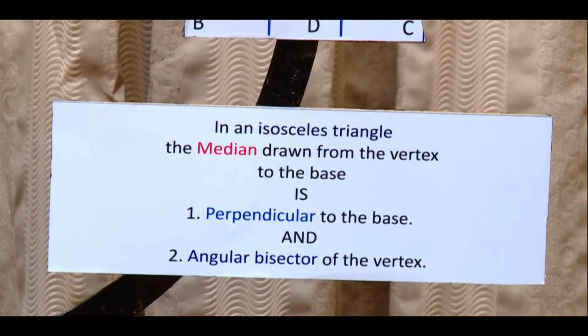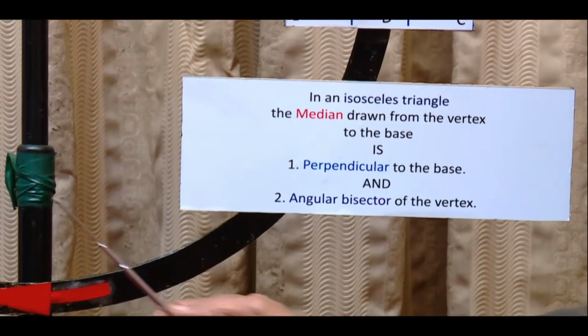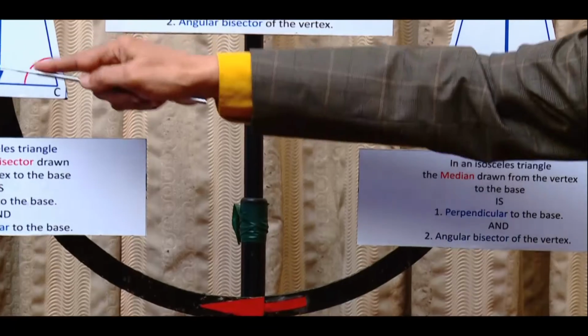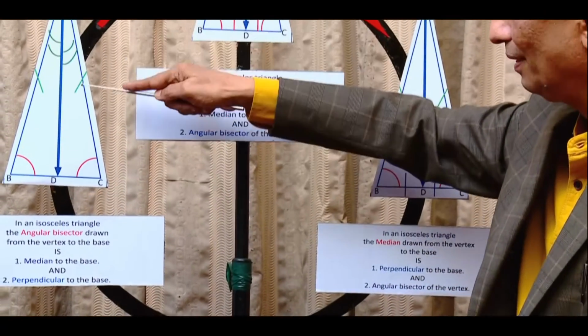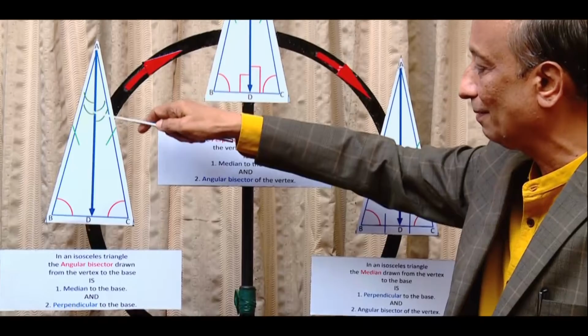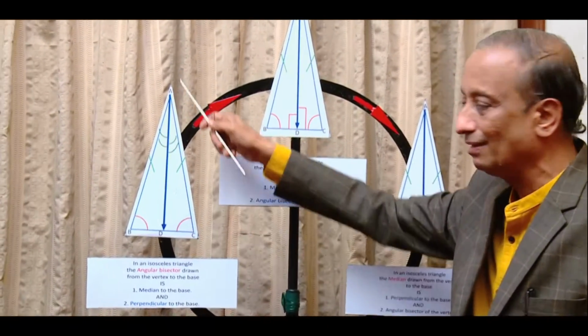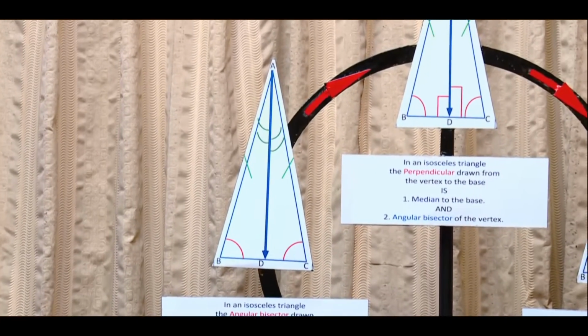Finally, we can put this in another converse form. The third one is this. In an isosceles triangle, if you draw the angular bisector of the vertex, then this angular bisector will be perpendicular to the base as well as the median to the base, because of the ASA criterion.